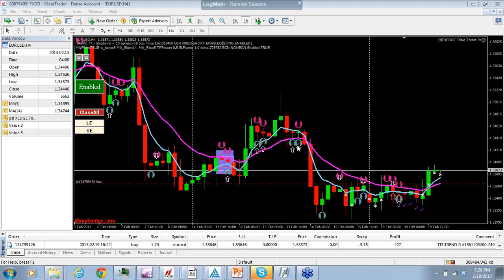The reason I say that is I'm not trying to be cocky, but the trade management that we're using is basically the same trade management that we have in most of our software. I've been doing this for a long time, so this is pretty much a very stable configuration. And so that's why I'm more likely to believe that there's probably a chart that's open, because I've seen it before.